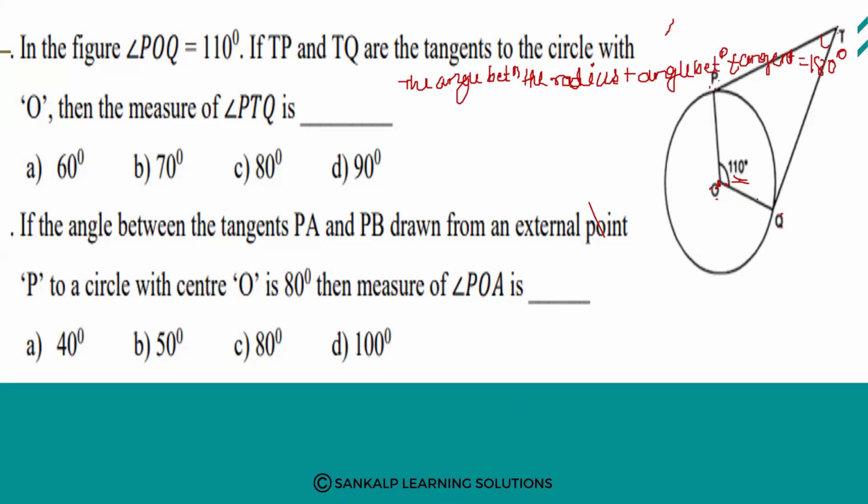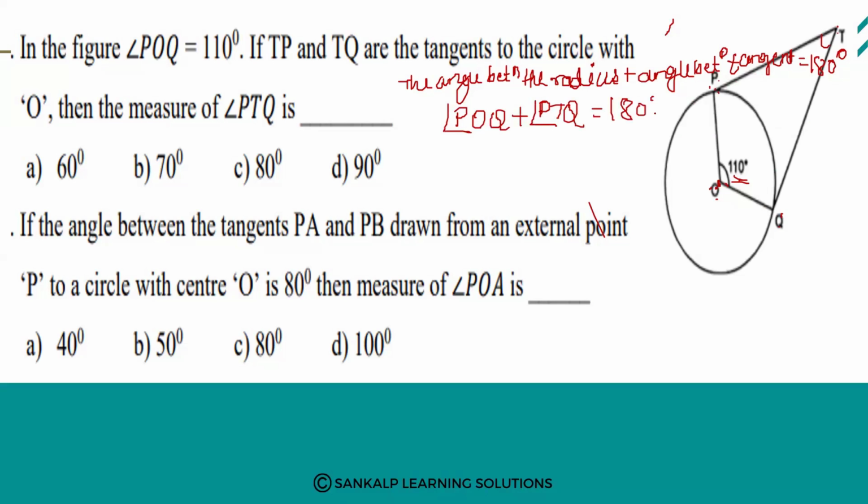Remember, angle between the radius. So this is the angle between the radius and this is the angle between two tangents. That's equal to 180 degree. Now, angle between the radius is POQ, right? POQ is the angle between the radius. PTQ is the angle between tangents.